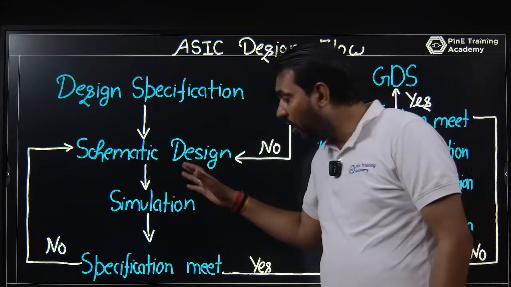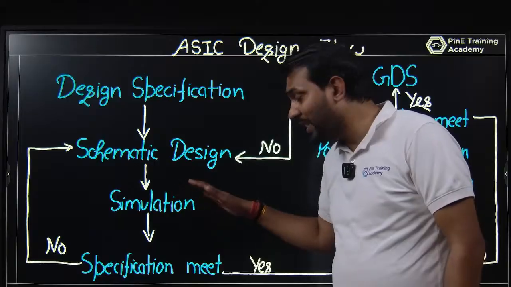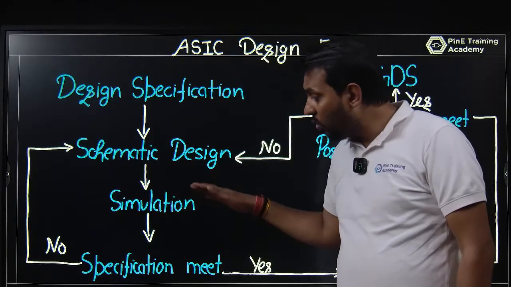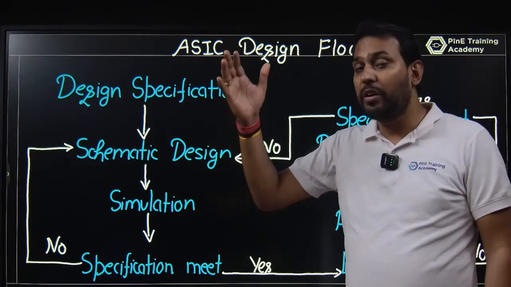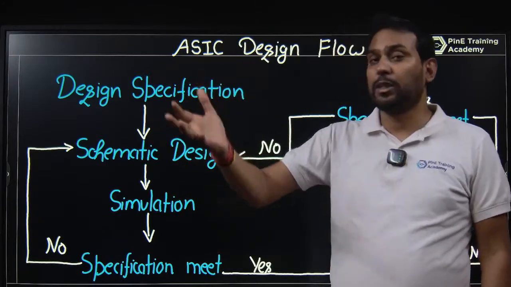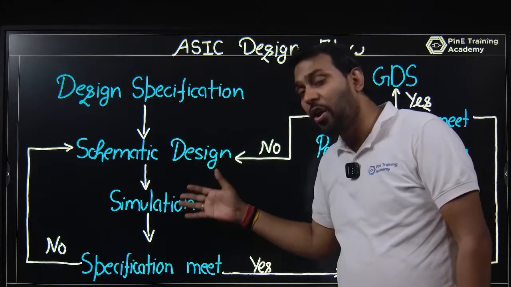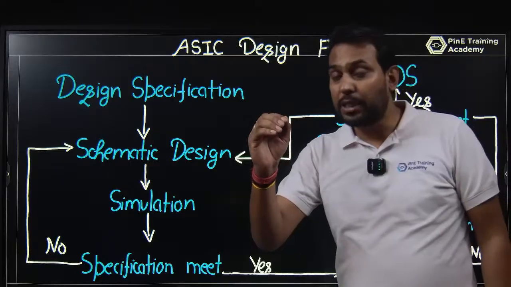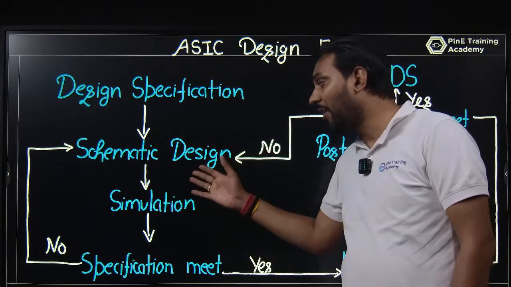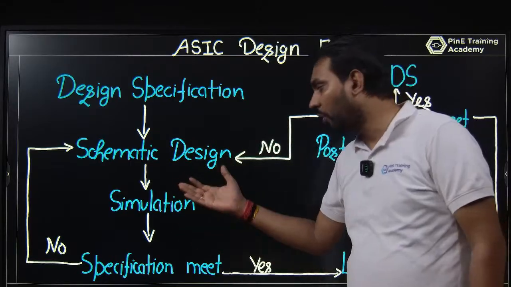So you will go for Spectre here, that is Cadence Spectre. And here you have ADE, that is the Analog Design Environment Assembler or Explorer. On the basis of that you will simulate as per the requirement. If the circuit has a requirement of DC analysis, you go for DC analysis.